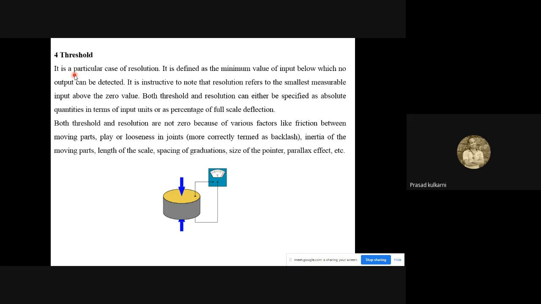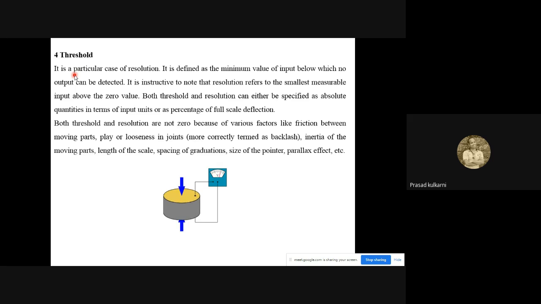It is instructive to note that resolution refers to the smallest measurable input above the zero value. Above the zero value. So both threshold and resolution can either be specified as absolute quantities in terms of input units or as a percentage of full scale deflection.